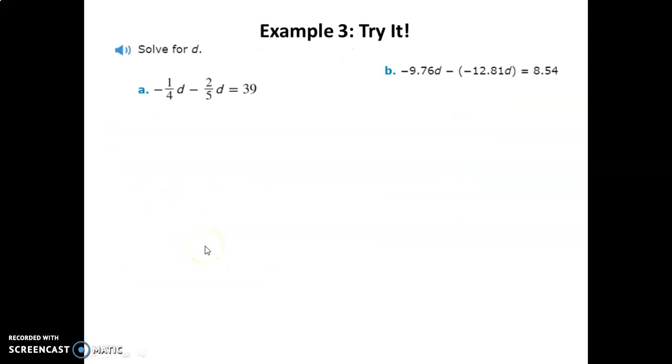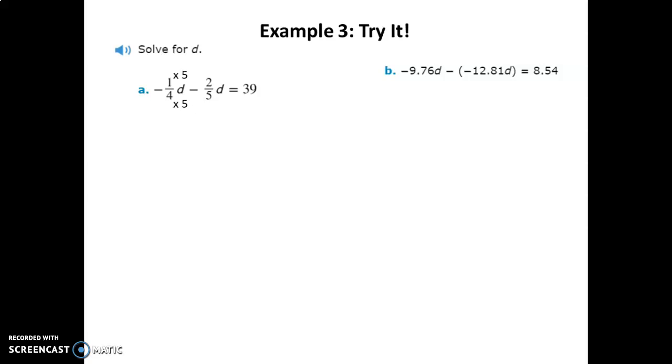All right, so let's look at a couple examples of solving equations with combining like terms. First, we're going to take a look at a couple dealing with fractions. When you have to combine fractions, you combine them by adding or subtracting, so you need a common denominator.